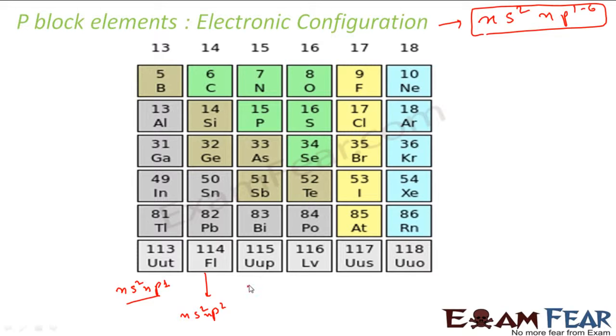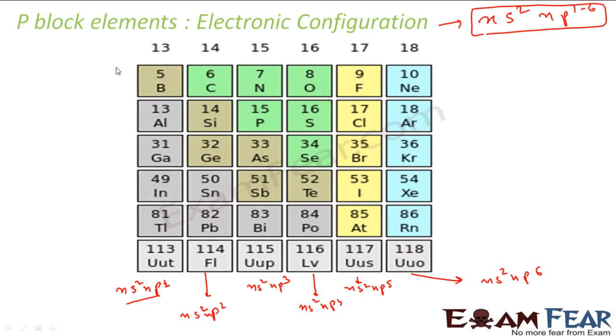For 15, it is ns2 np3. For 16, it is ns2 np4. For 17, it is ns2 np5. And for 18, it is ns2 np6. So you see, p is varying from 1 to 6. Other things are all the same. Correct?